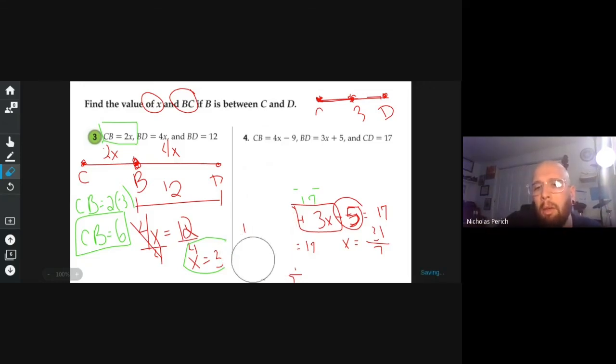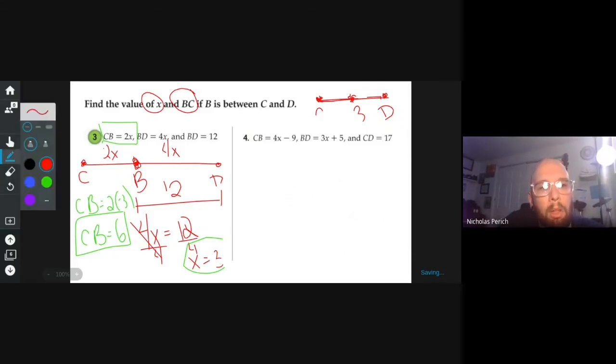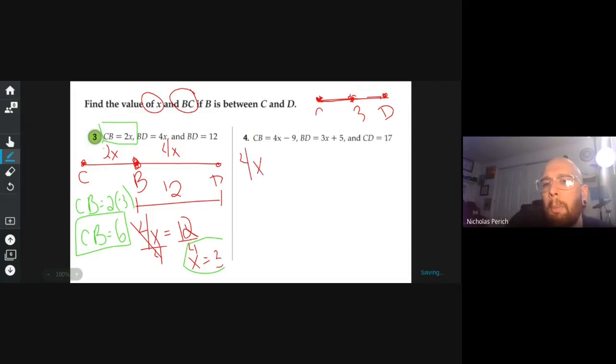I think in writing it out, I completely messed up a plus sign there. Let me quickly do that again. These add up: 4x minus 9 plus 3x plus 5. I think I accidentally wrote out a minus 5 instead of plus 5. Either that or I blame the screen again.